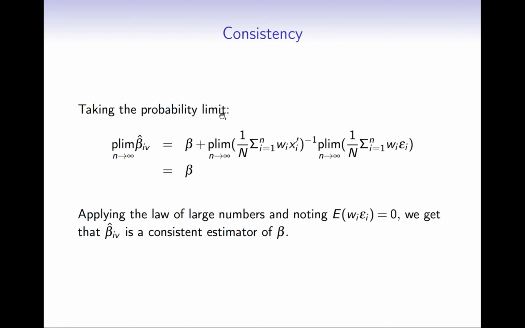Now we can analyze consistency of this estimator. If you take the probability limit, applying the law of large numbers, each of these things is going to converge to the expectation. By assumption, the expectation of this is not equal to 0, because we're assuming W and X are related. But here, the expectation of Wi epsilon i is equal to 0, where we apply the law of iterated expectations.